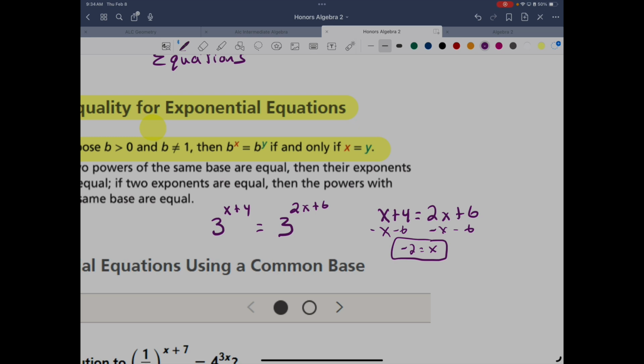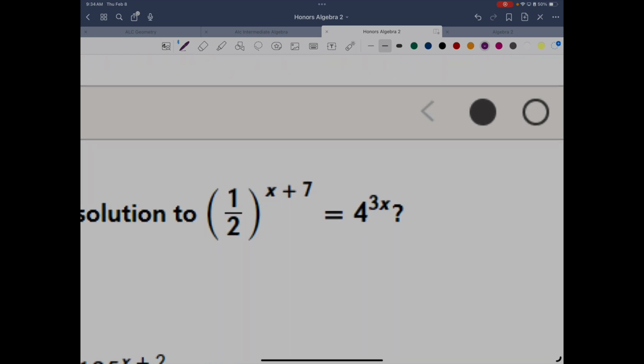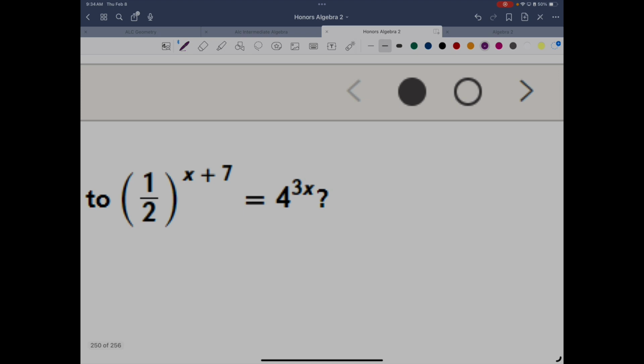And that's easy enough. The problem, of course, becomes when we start changing so that the bases aren't necessarily the same. So if we have something like 1/2 to the x plus 7 equals 4 to the 3x, now their bases aren't the same.